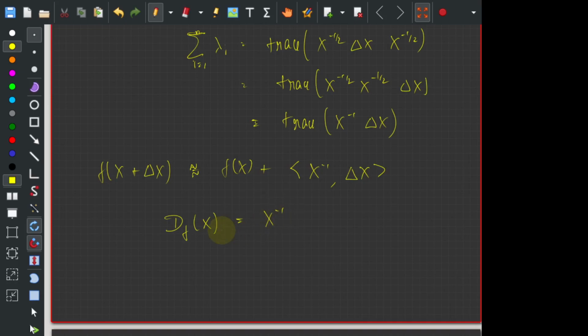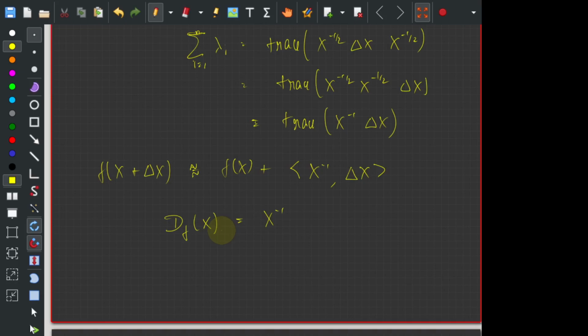How do we go from trace to the inner product? That is the inner product for matrices. Okay, now there are a few things that I sort of skipped over. For example, we've not seen properties of matrices yet, right?